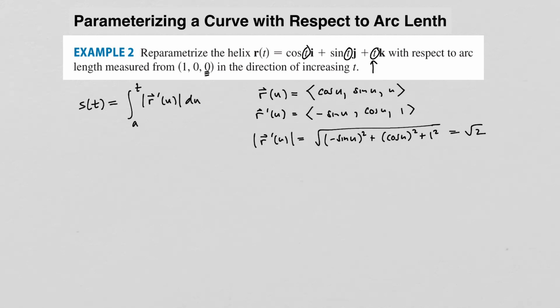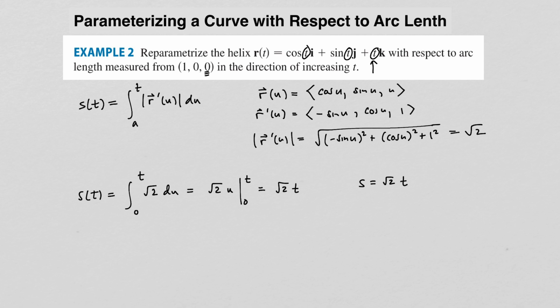So then s of t equals the integral from 0 to t of the square root of 2 du. And this is the square root of 2 times u from 0 to t, which is the square root of 2 times t. So now I know that s is equal to radical 2 times t.